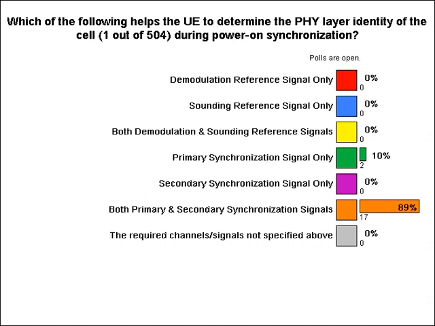And the secondary synchronization signal gives us the group number. So the combination of the cell number in the group and the group number will give us the physical layer cell ID. So we do need both the primary and secondary synchronization signals to be able to calculate the physical layer cell ID. Thanks for your answer.